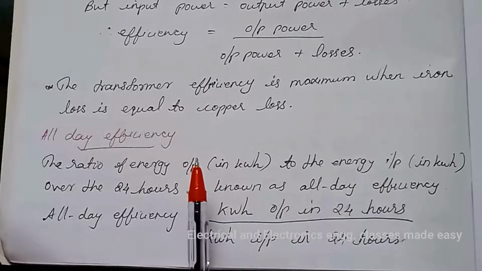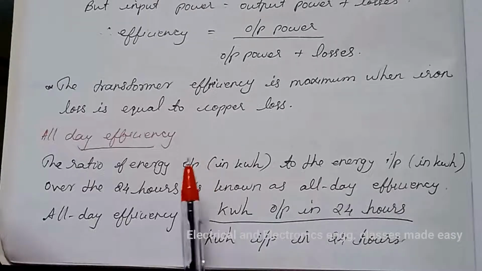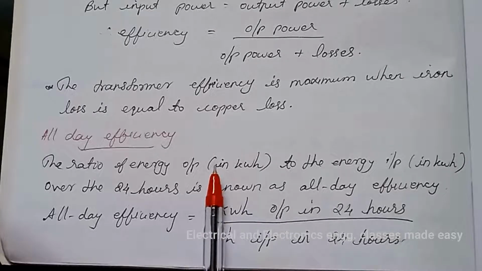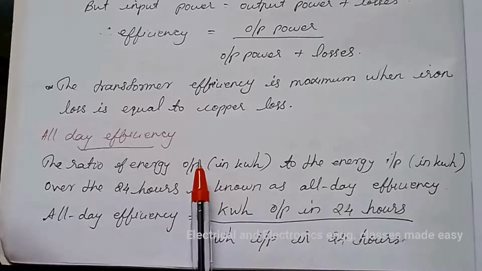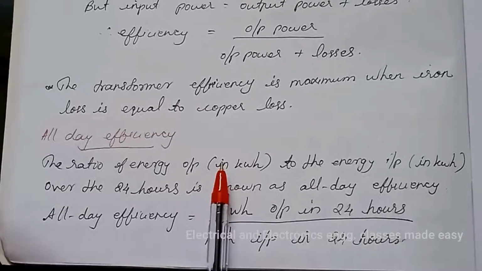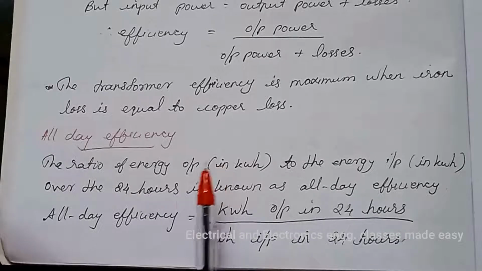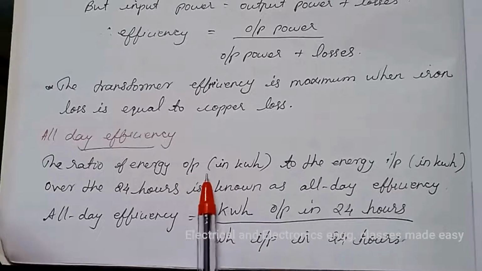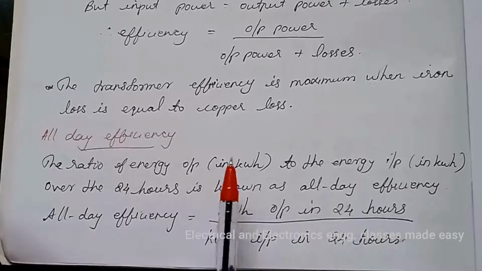The primary of the distribution transformer is permanently connected to the power line and hence it remains energized all the 24 hours of a day. The secondary supplies little or no load during the major portion of the day. Hence, the core loss occurs throughout the day while copper loss occurs when the transformer is loaded. The performance of such a transformer is judged by all-day efficiency.